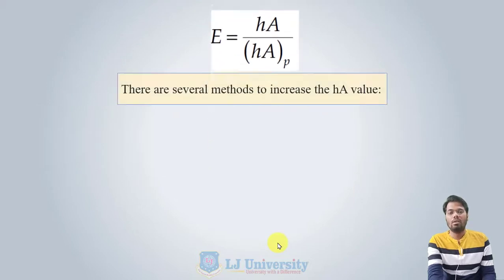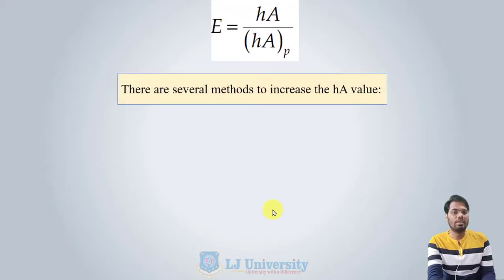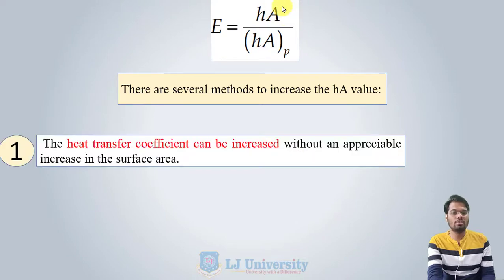Okay. Now there are several methods to increase the value of this hA. The first option is to increase the heat transfer coefficient, which is h, without an appreciable increase in the surface area. So in an application where there is a limitation on increasing surface area, one option to increase the enhancement ratio is to increase the value of h, this convective heat transfer coefficient.